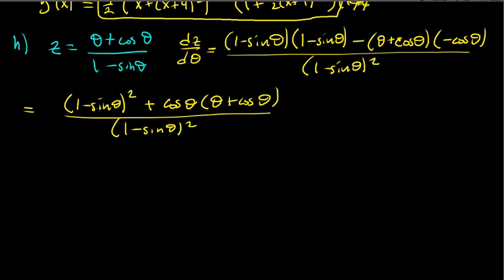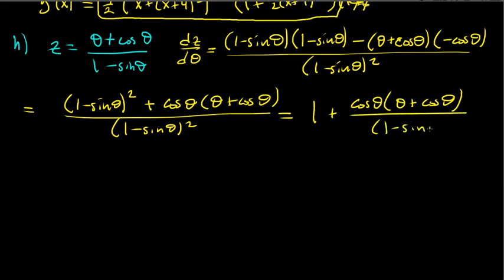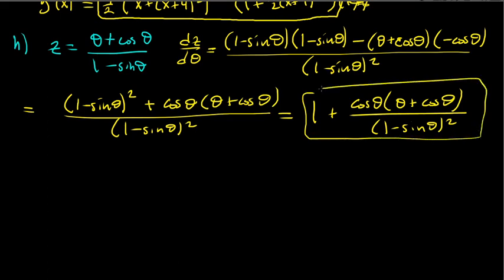You can notice that the 1 minus sine theta squared is the same in the numerator and denominator, so that's just 1, plus cosine theta times theta plus cosine theta, all over 1 minus sine theta squared. So I think I wrote it two different ways. That's one way.